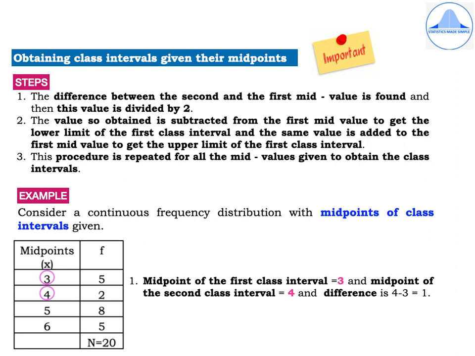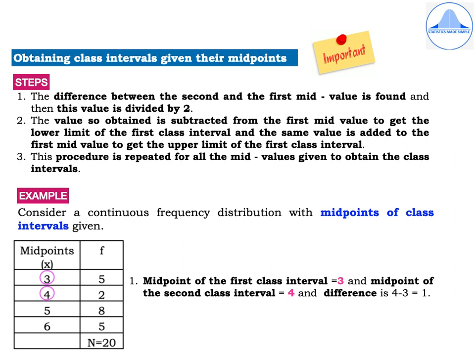Let's now understand this procedure through an example. So let's consider a continuous frequency distribution with midpoints of class intervals given. In the first column, we have midpoints. You know that the midpoints are denoted by x. The values are 3, 4, 5, and 6, and the corresponding frequencies are 5, 2, 8, and 5.